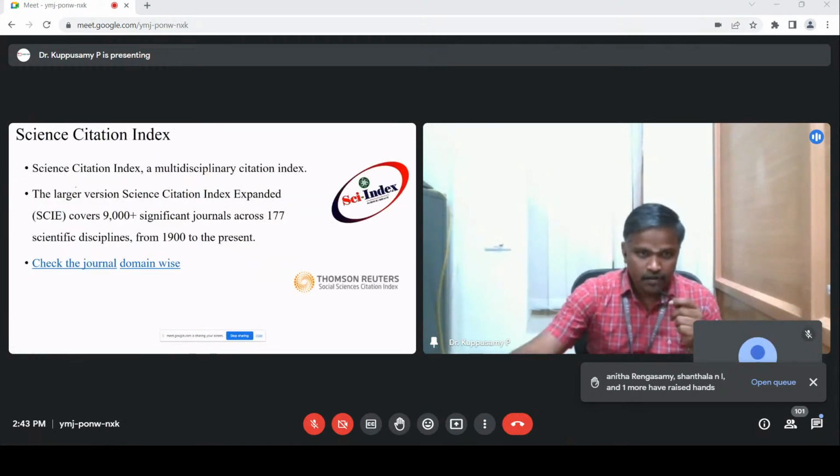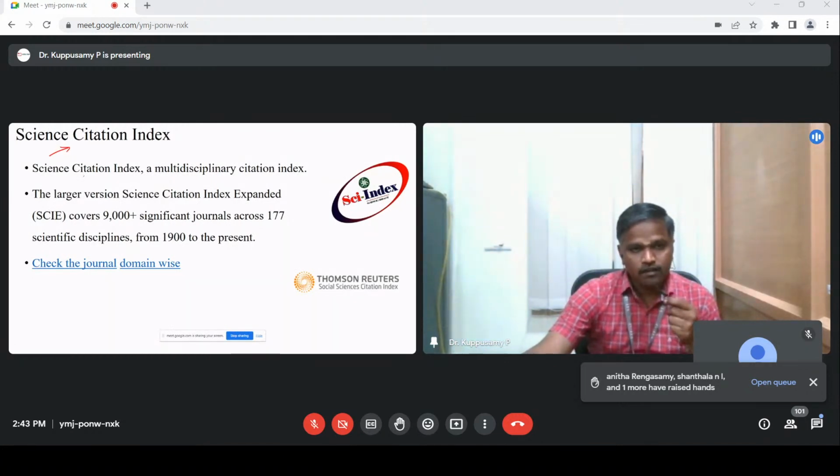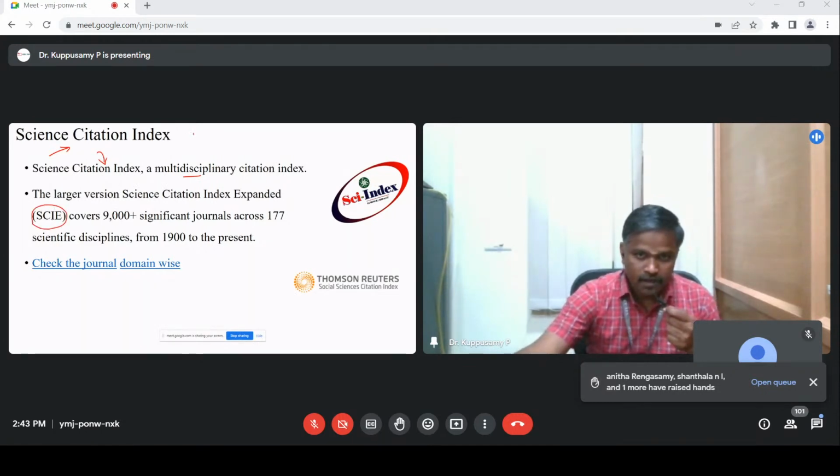And this is for science based journals, for example computer science, chemistry, physics, or engineering. For them, they can use this SCI index, a multidisciplinary citation index based on journals. Some of the journals are listed in the expanded index. This is SCI, and one more is SCIE.